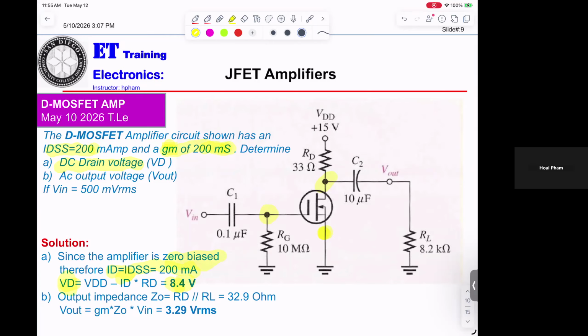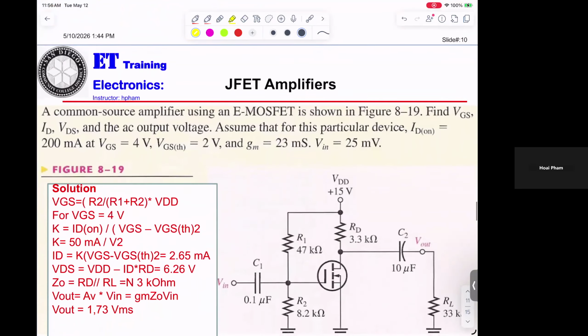Get 8.4 volt. Output impedance Rout is RD parallel RL. And you calculate the Vout, take the gain times Vin. This is the gain. You get 3.29.